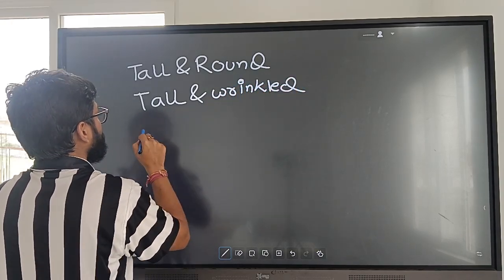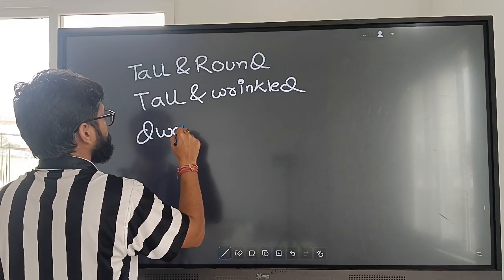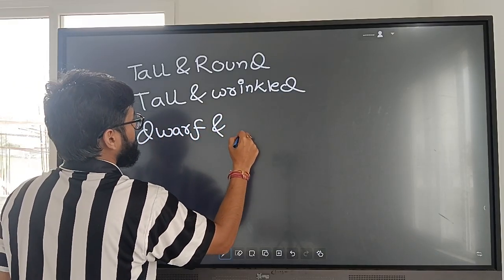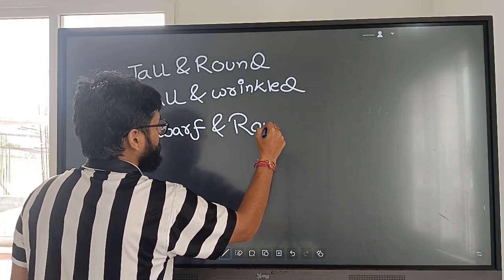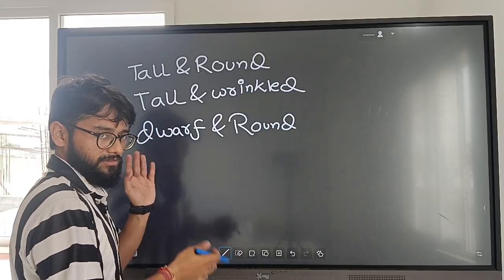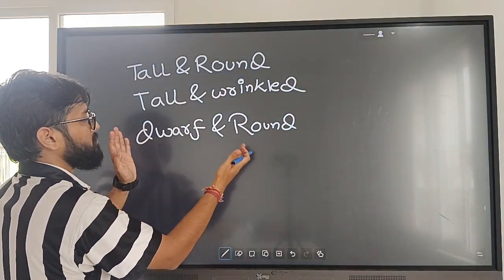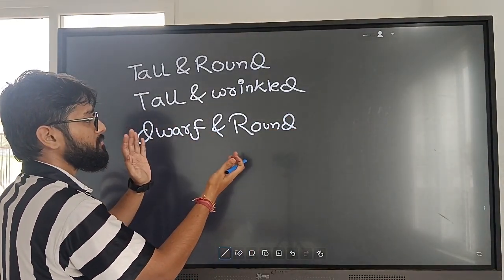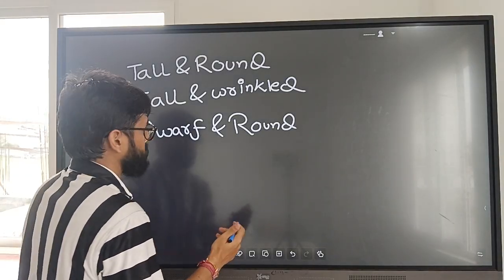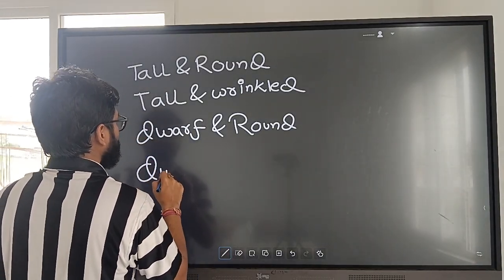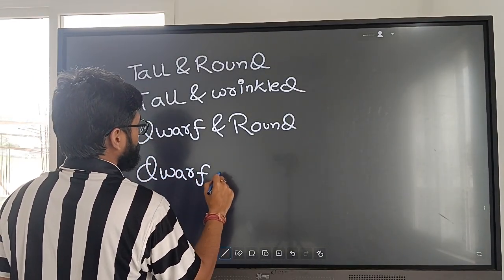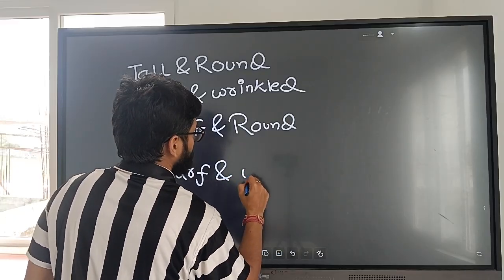Then you will get dwarf and round. Why? Because we are simply mixing and matching, because the traits themselves will be swapped around. Then the last that you get is dwarf and wrinkled.